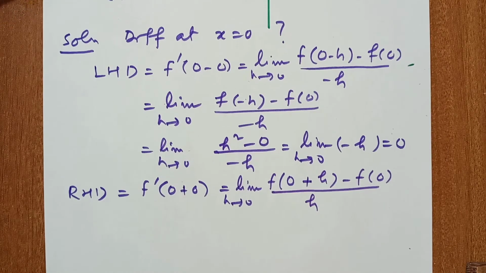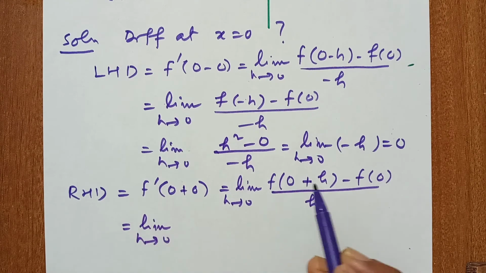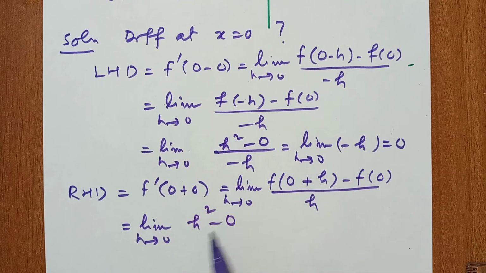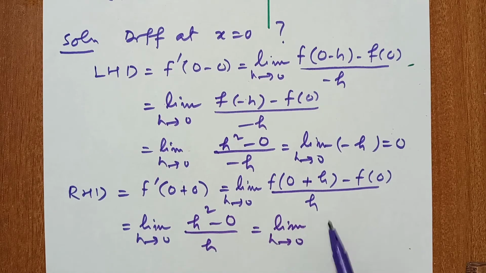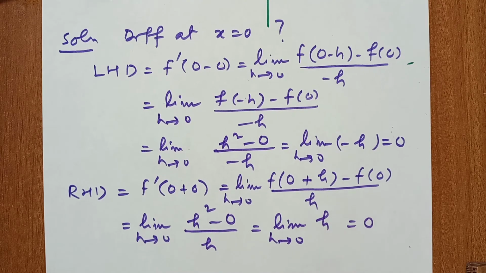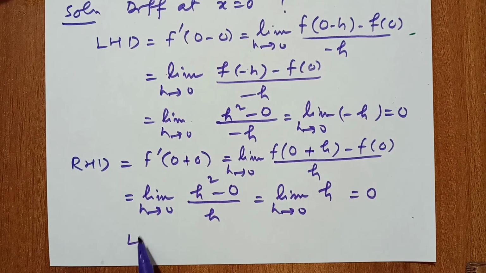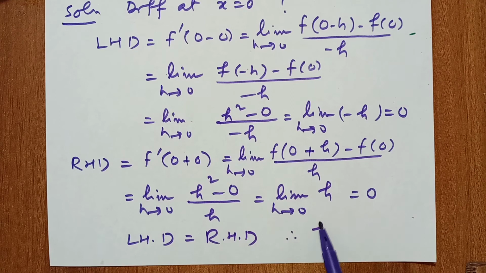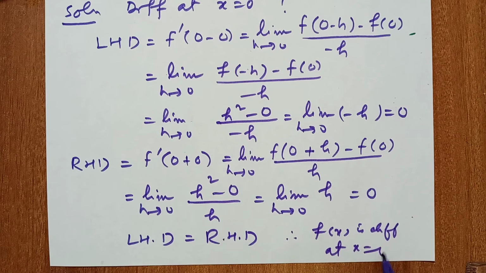By the definition of the right hand derivative, f(h) = h square, so this is h square - 0 upon h. This is limit h tends to 0 of h, because h is cancelled, and on taking the limit this is equal to 0. Since the left hand derivative and right hand derivative are both equal and finite, the given function f(x) is differentiable at x = 0.